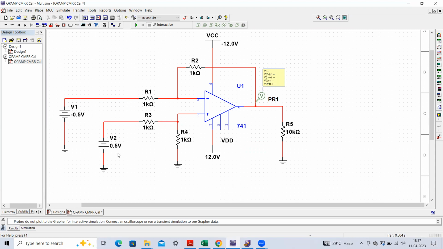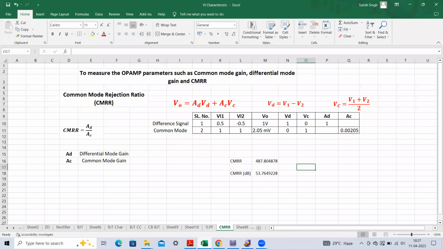First of all, we have to see what will be the difference signal and what will be the common mode signal, because this is V1, this is V2, right? Here you can see this Excel sheet. This VD, the difference signal, will be V1 minus V2, right? And the V1 that I have applied is 0.5, okay? And the V2 I have applied is minus 0.5.